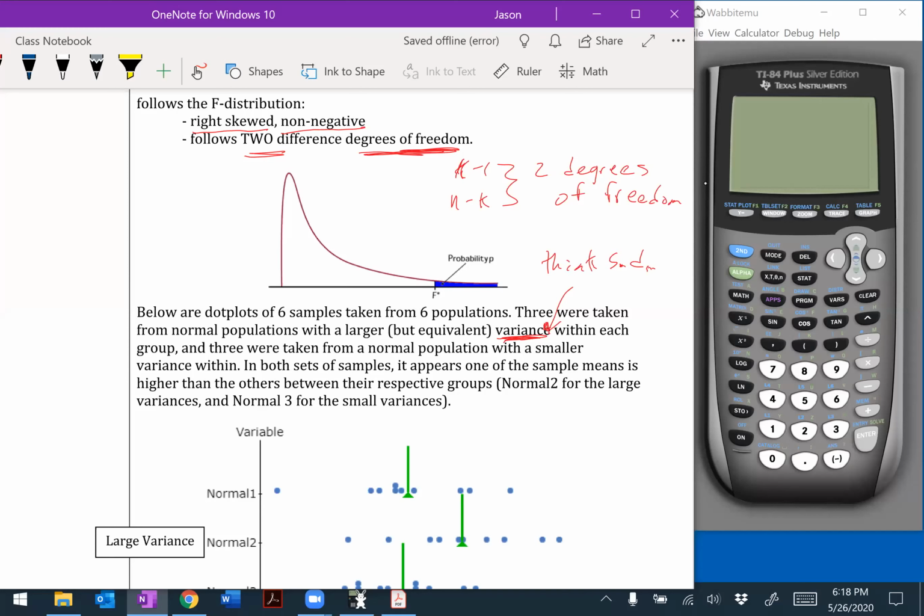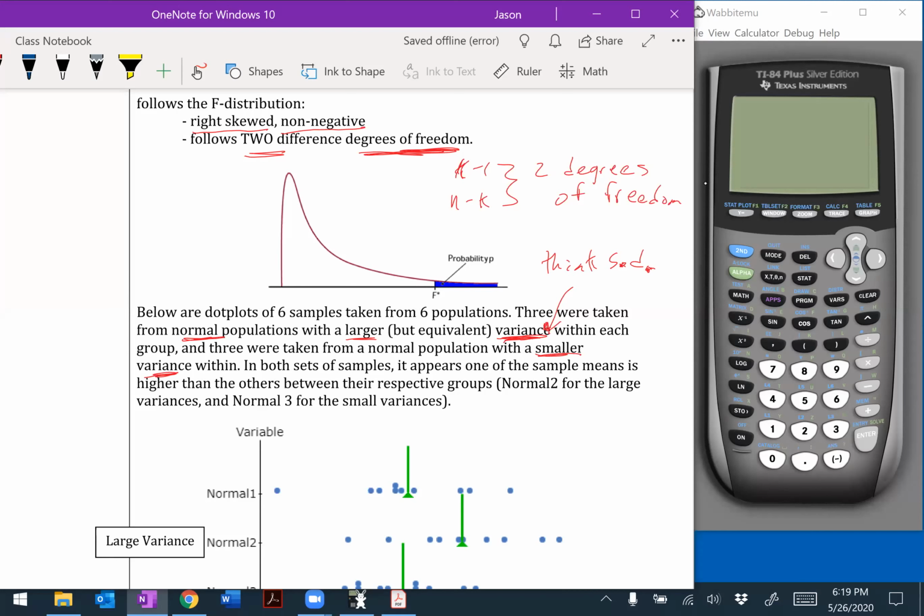Within each group, 3 were taken from normal populations with larger variances, and 3 were taken from normal populations with smaller variances.